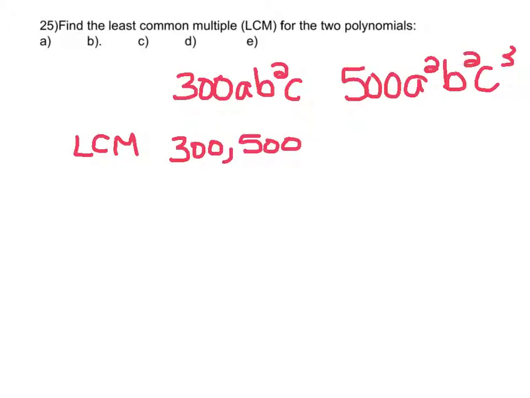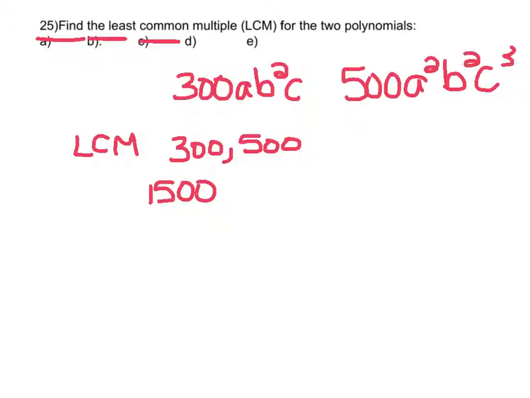So when you do that, your answer should be 1500. Now, just using your calculator for that step, you can automatically cross off options A, B, and C because they don't have the proper number out in front. So you've given yourself a better chance of being able to determine what the correct answer is.